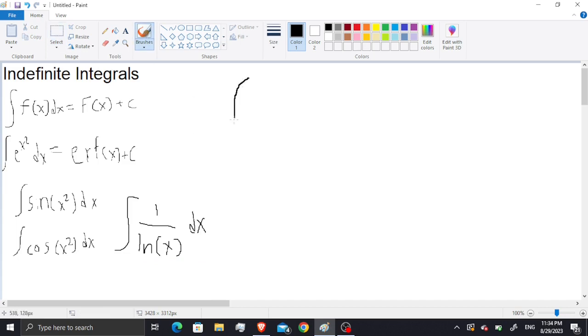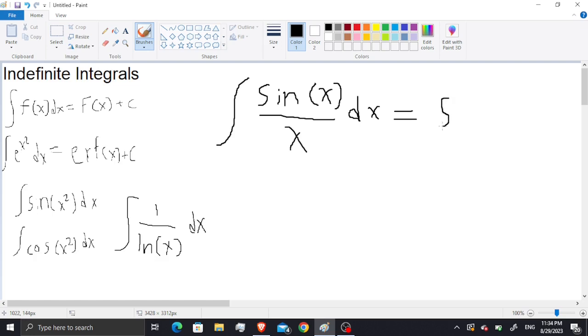There is actually one I do remember the answer to, I think. If you remember in Calc 1, one of the first few limits you ever do is sine of x over x. The integral of sine x over x dx gives you the Si function as your result.